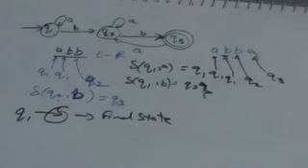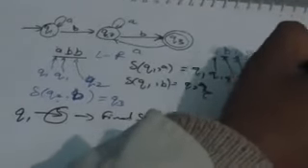Alright. Now it is in state Q3 and it has to read input symbol A. After reading this input symbol A, it transits to Q2. Right?